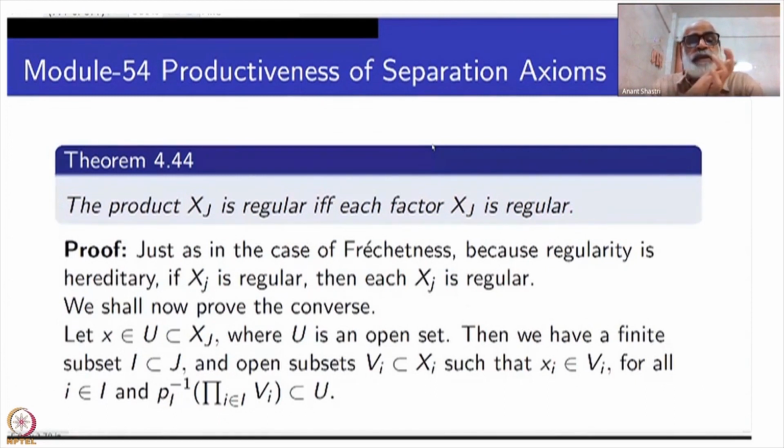So the very first theorem here is that regularity is productive. This is stated as: the product of X_j is regular if and only if each factor X_j is regular.